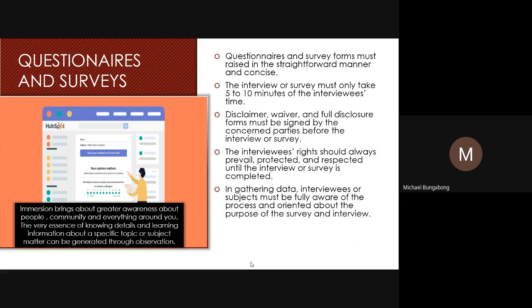Furthermore, class, the interview or survey must only take at most 5 to 10 minutes of the interviewee's time. Remember, their time is also valuable, so you have to consider it as well.